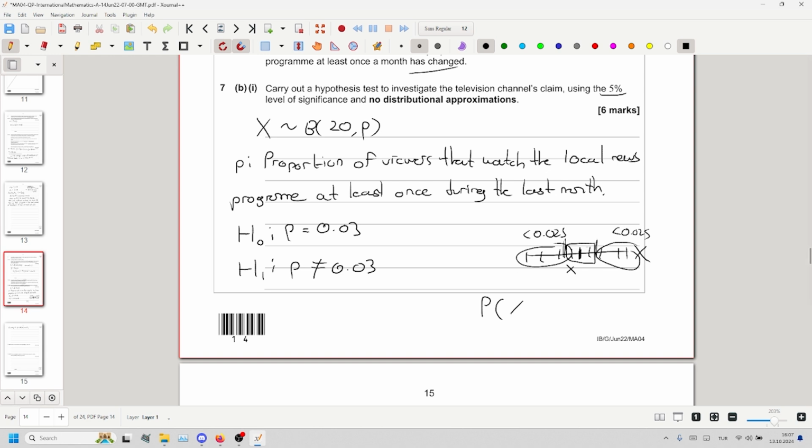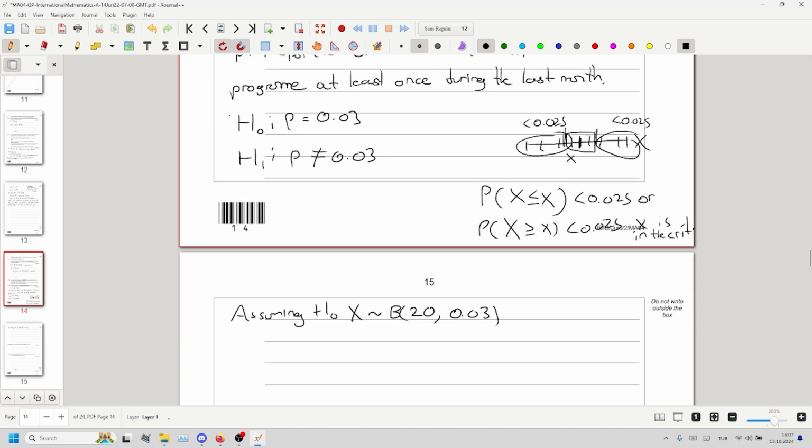So if the probability of our random variable X being less than our test value is less than 0.025, or if the probability that X is greater than our test value is also less than 0.025, we can say that X is in the critical region.